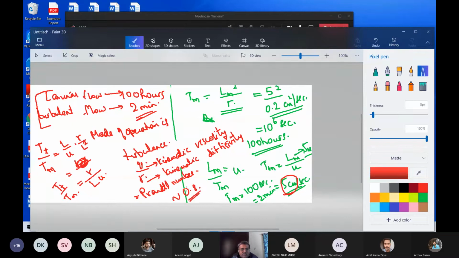So this value is close to 1. So in some ways we can say that TT divided by TM is equal to gamma by LU. I can replace it with nu by LU. This nu is the kinematic viscosity. So nu by LU. UL by nu is the Reynolds number.